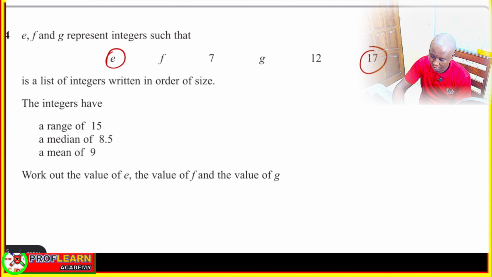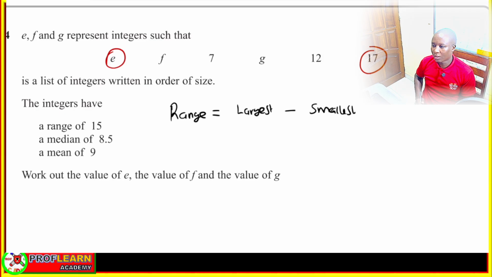So at that point, we can say range is equal to largest number minus smallest. That's something you really need to keep in mind, because you may be expected to work out questions to do with range like that.